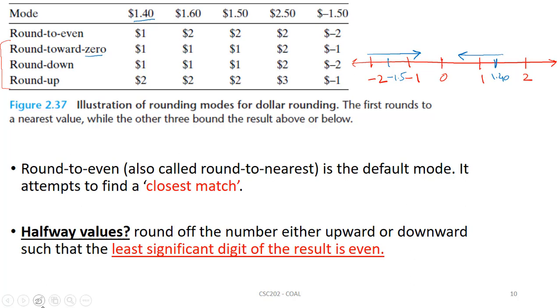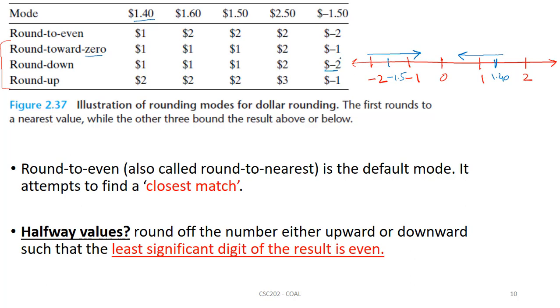The second approach is the round down approach. In round down, my target is to move toward a lesser number. I got 1.4, it will be converted to 1. 1.6 converted to 1, 1.5 converted to 1, 2.5 converted to 2, and -1.5 converted to -2.